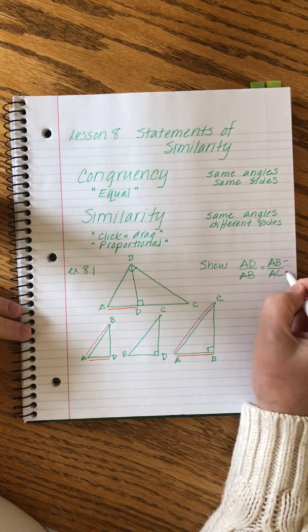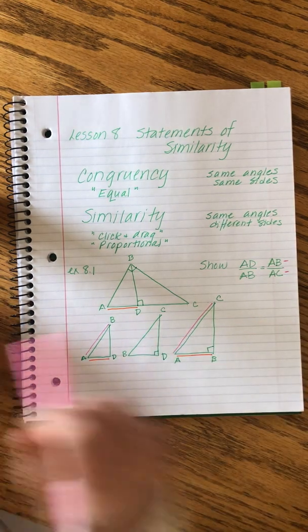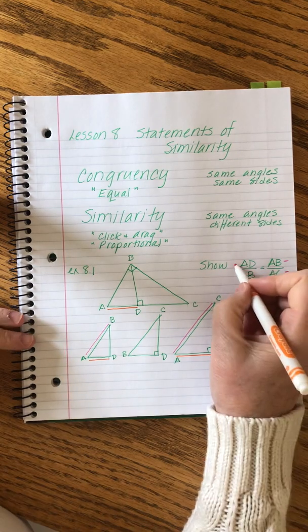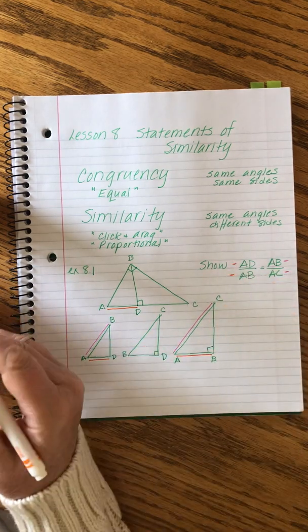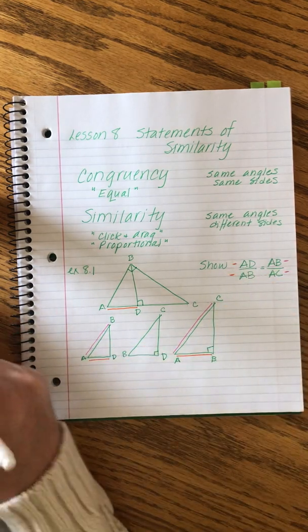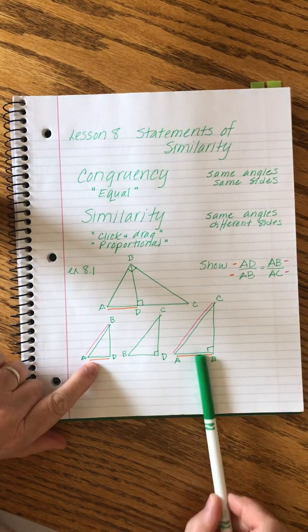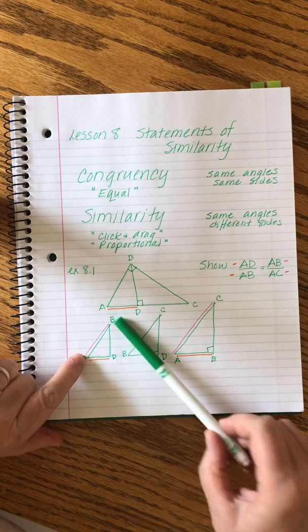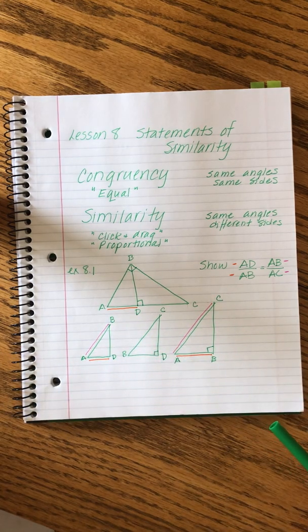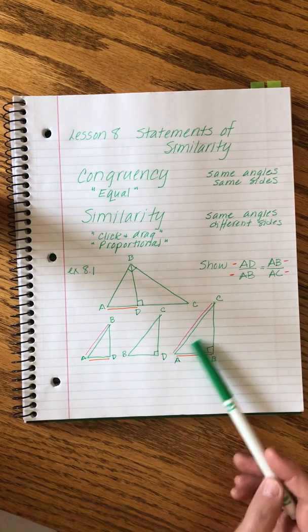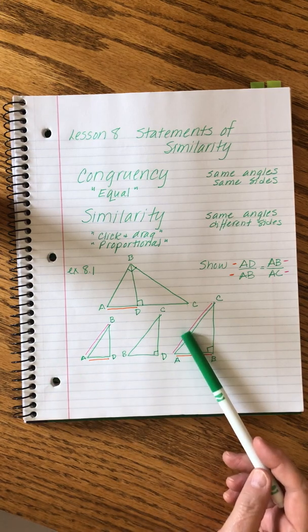Okay, so these are the two pink lines, and these are the two orange lines. And what we're saying is that the short legs are proportional to the hypotenuses, right? We're supposed to try to prove that.